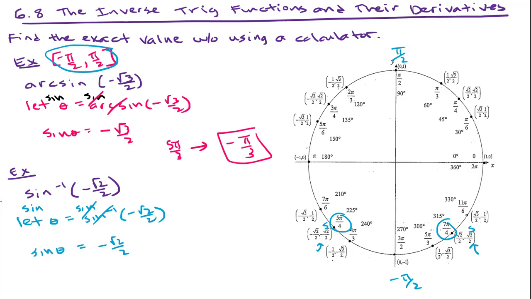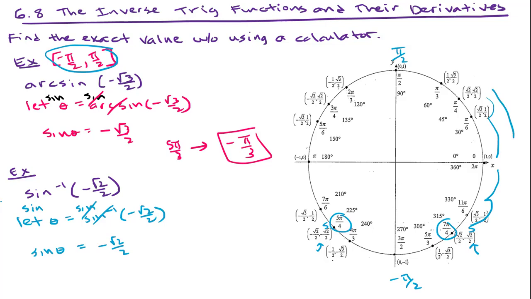Okay, so if I were to go 2 units down from 11 pi over 6 and 7 pi over 4, and I go two locations up, I get to pi over 6 and pi over 4.